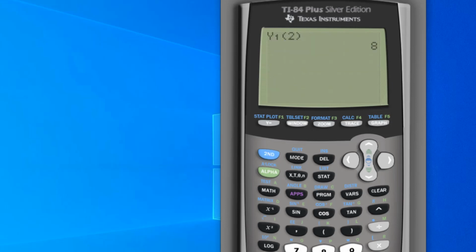If you want y1 again, you can do it again. Alpha. Let's do y1 again. Let's say we want to evaluate this at -6. Close the parentheses, hit enter, and there you have it. Let's suppose we want to pick one of the other ones, say the second one.